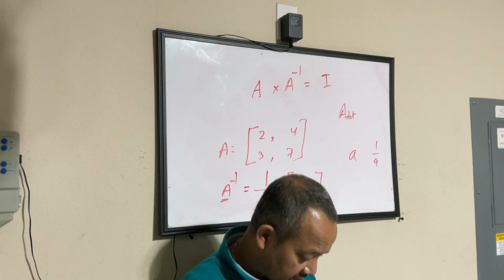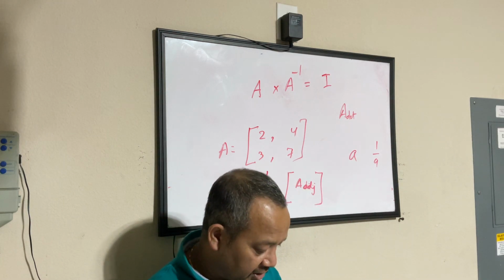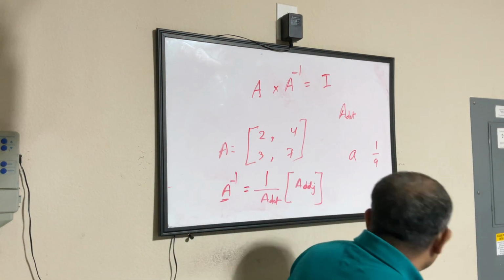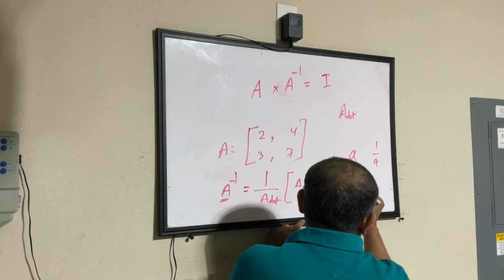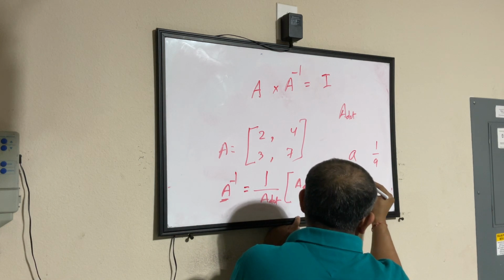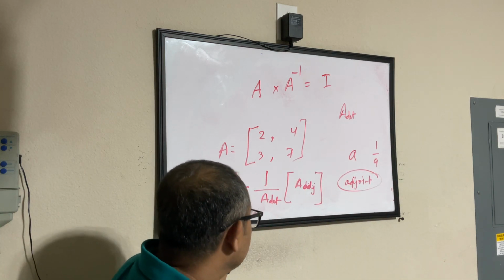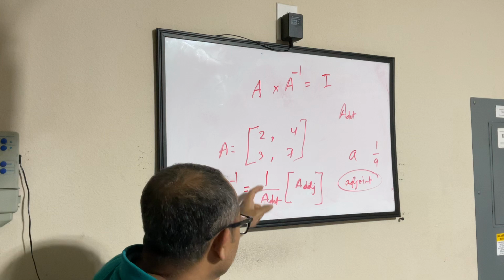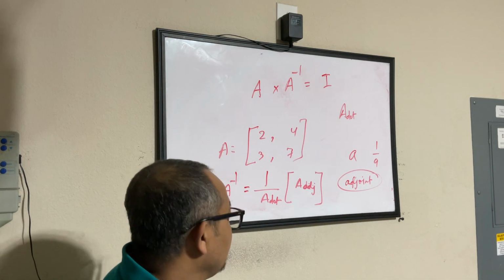It's called adjugate or adjoint. Let's say adjoint. That sounds a little easier to remember. Okay. So the inverse of a matrix is equal to 1 by determinant of A multiplied by adjoint of A.